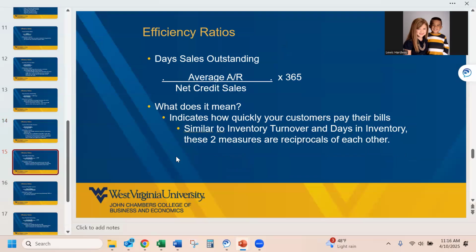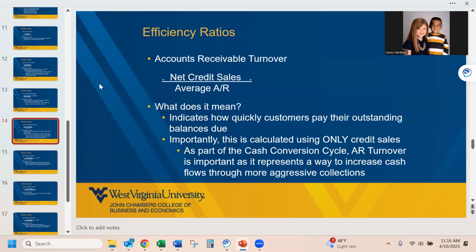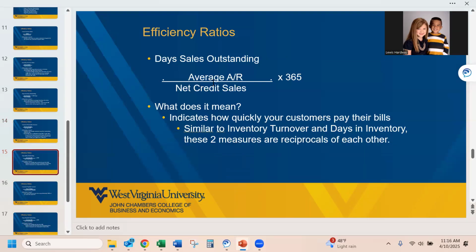Days sales outstanding, similar to how days inventory outstanding is just the inverse of the previous one, is net credit sales over average AR, times the days.